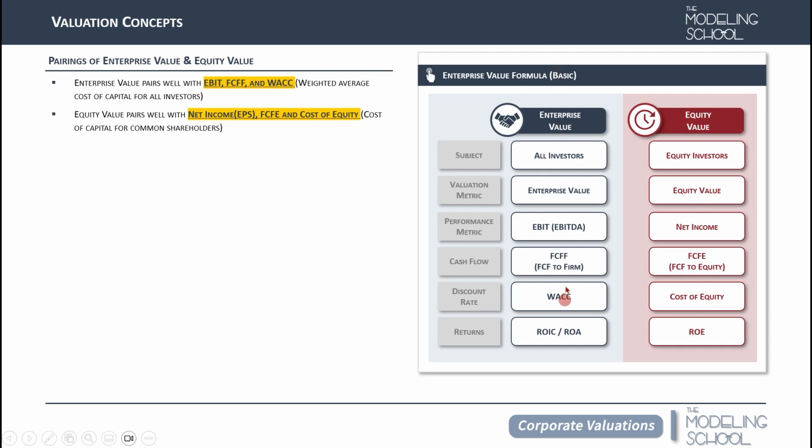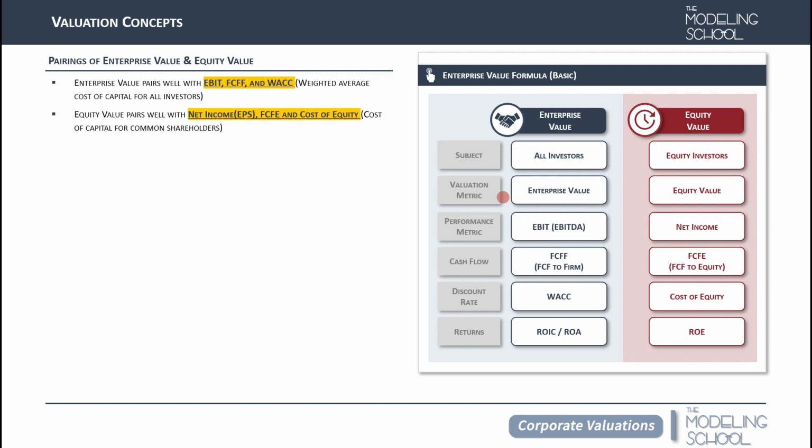Aligning these metrics to each other is going to become very handy when understanding valuation concepts. And for those of you preparing for technical interviews, these concepts frequently appear as standard interview questions, so it would be very beneficial to understand them thoroughly.